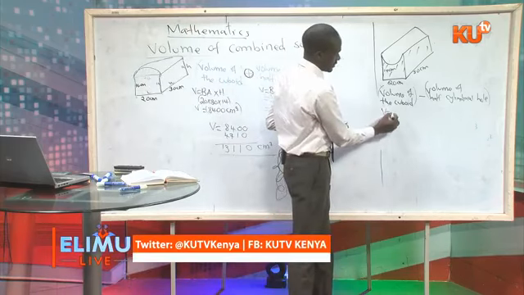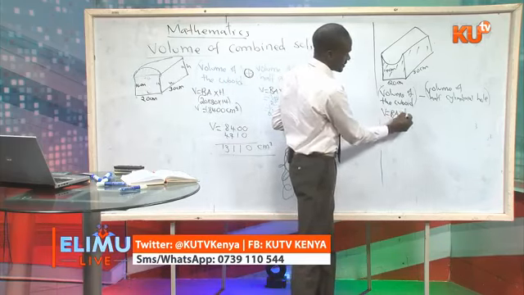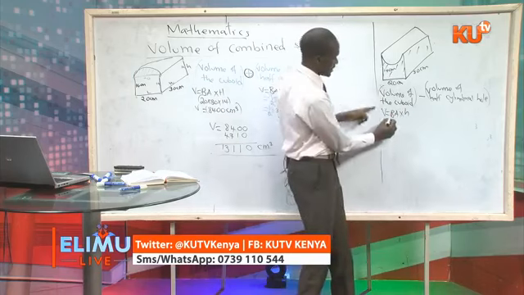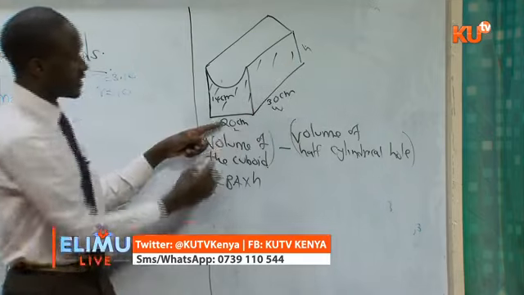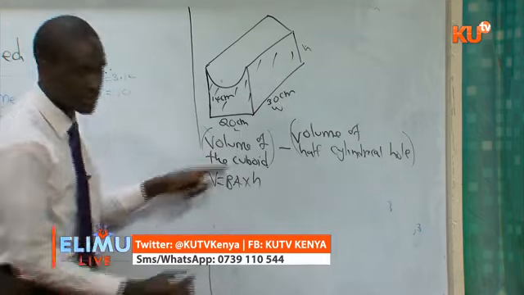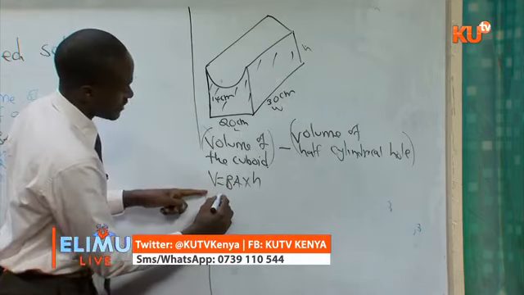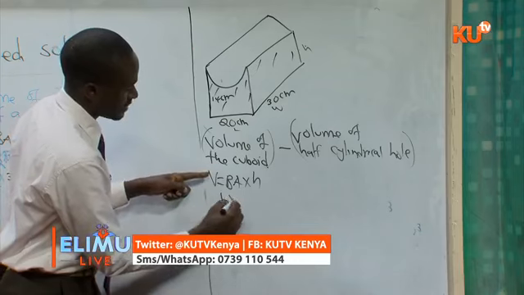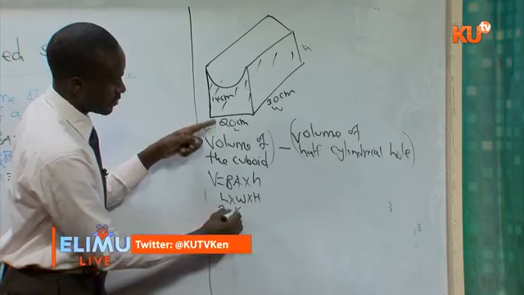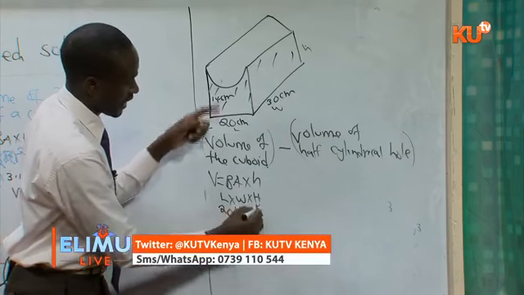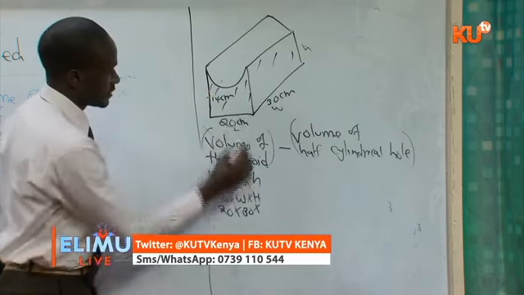We said volume is base area times height. Our base area here, we have length times width times height. Base area, length by width. Length is 20, width is 30, height is 14.